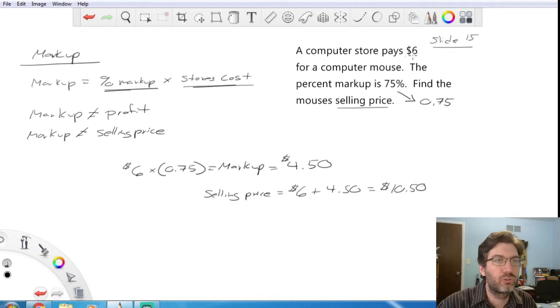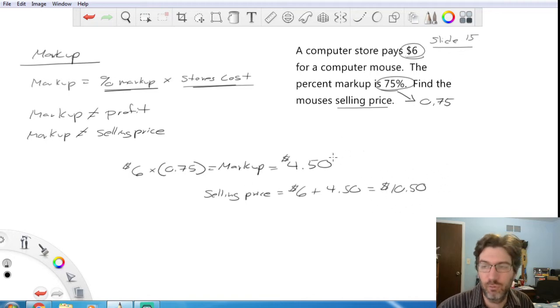So the store buys it for $6. 75% is the percentage they're going to mark up. That 75% of the $6 is going to be your $4.50. So this is how much the markup is. And then adding that $4.50 onto their original cost of $6, they're going to sell it for $10.50.